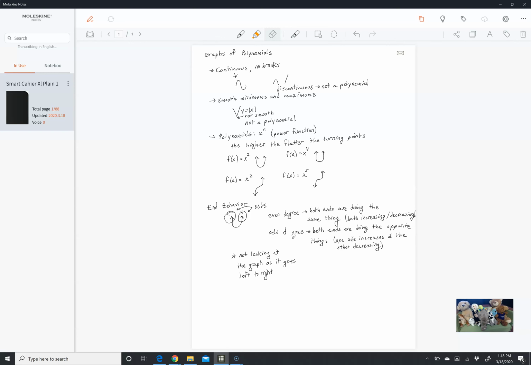So imagine standing in the center of the graph. And if you look to the left, what's happening? If you look to the right, what's happening? And we're saying what happens to the y values. When we say increasing, again, we're looking at what is going on with those y values. Are they going up or are they going down?